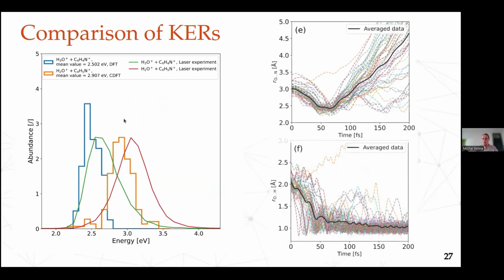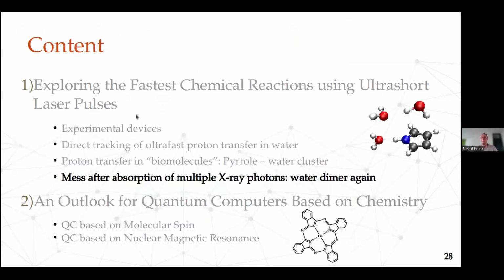I might skip these things. So what you saw in those previous two studies was that I was looking at proton transfer, really the fastest chemical reaction, and it was happening on the same time scale, roughly 40 femtoseconds.